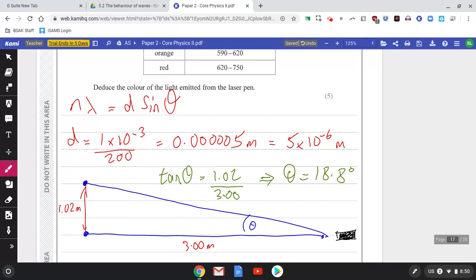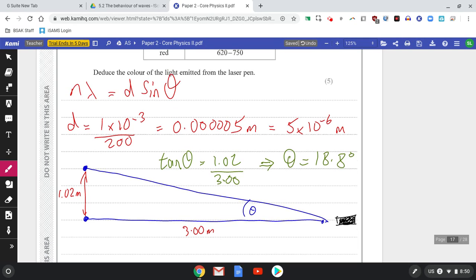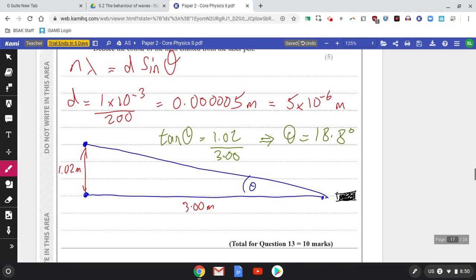Right, so then it's just putting those final values into the equation. We have 3 lambda, because it's n equals 3, equals d, 5 times 10 to the minus 6, times sine 18.8 degrees.